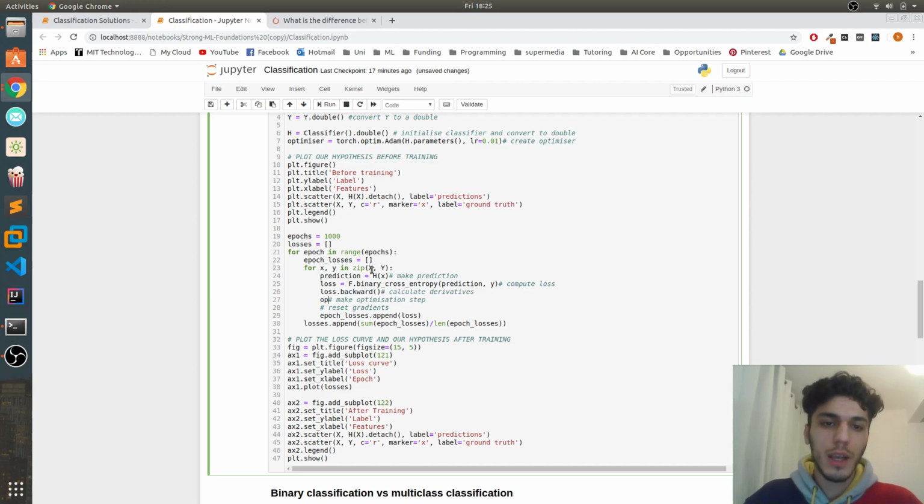Make the optimization step, optimizer.step(), and then finally reset the stored gradients, so optimizer.zero_grad(). And then we append the losses there, and at the end of each epoch we get the average cost per example for that epoch, and we store it in this other list here.